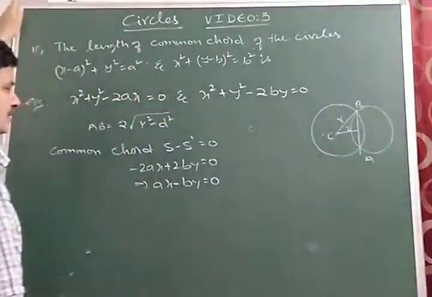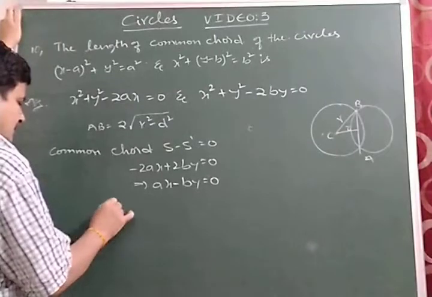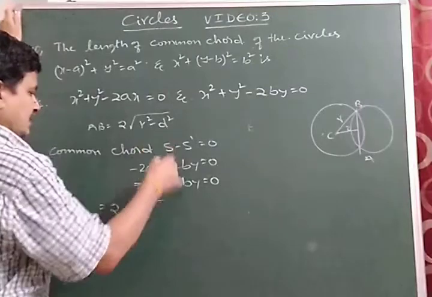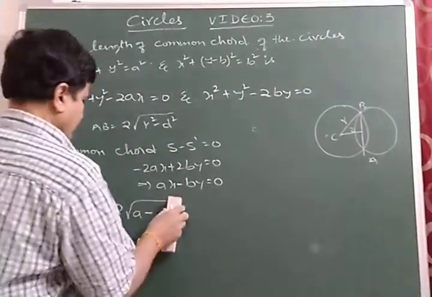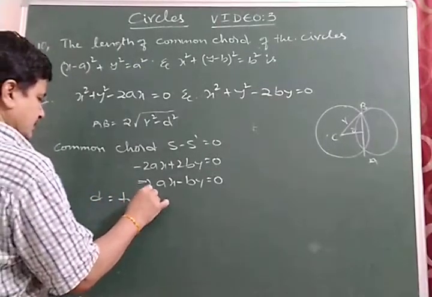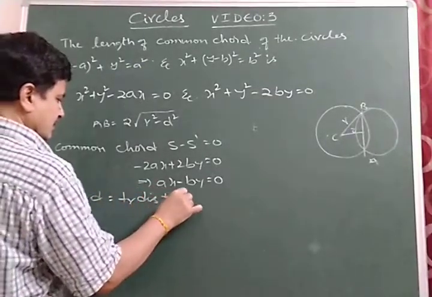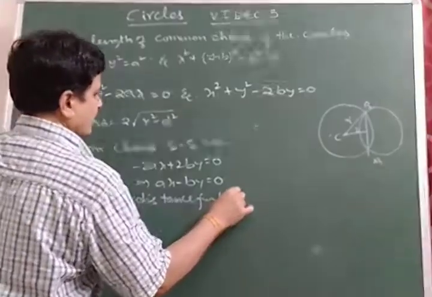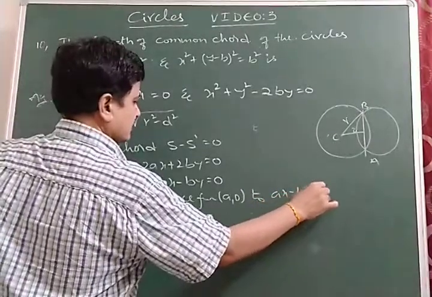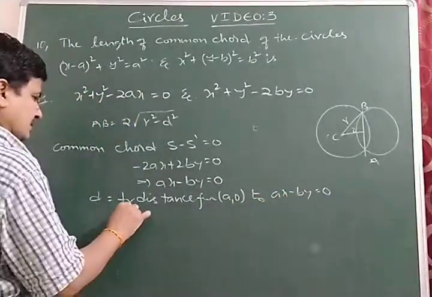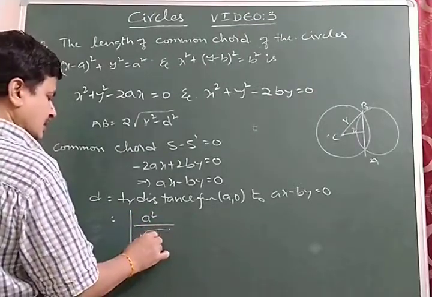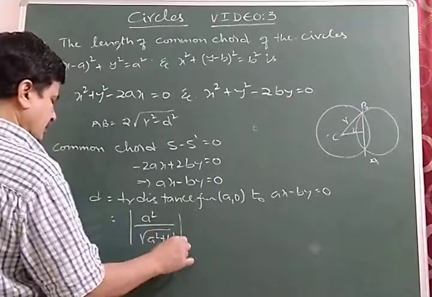Now the length of the common chord is 2 into root of r square minus d square, where d is the perpendicular distance from (a, 0) to ax minus by is equal to 0. That is modulus of a square by root of a square plus b square.